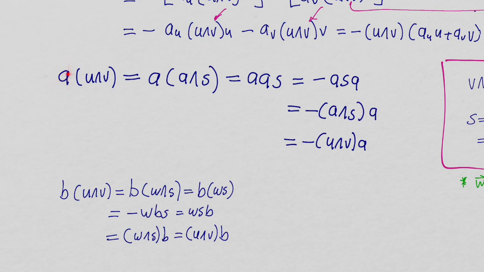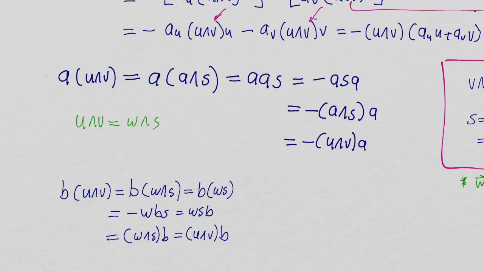So I say the geometric product of A with a bivector, and remember A is coplanar with the bivector. Well, now I'm going to rewrite this bivector, right? U wedge V, I can always write it as some other two vectors, W wedge S, right?